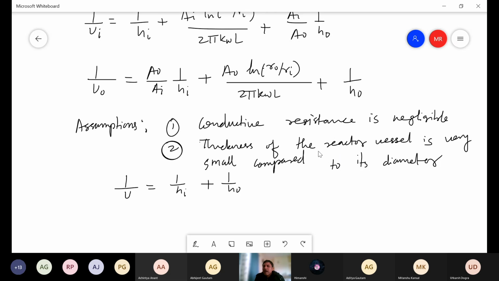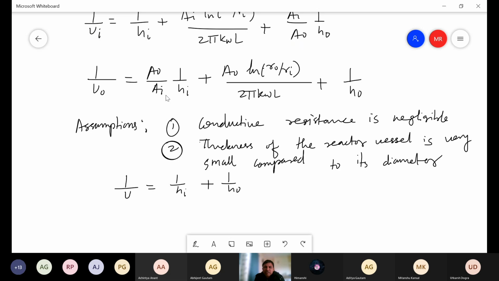And since we are taking that the reactor thickness, the vessel thickness, is very small, that means the outside surface area and inside surface area are both nearly the same. So we can take this Ai by Ao as just equal to 1.